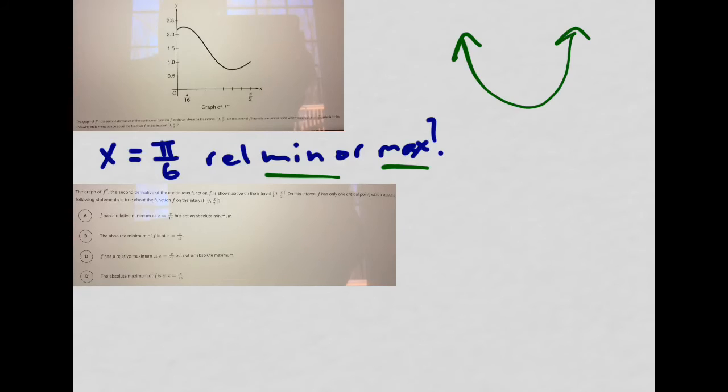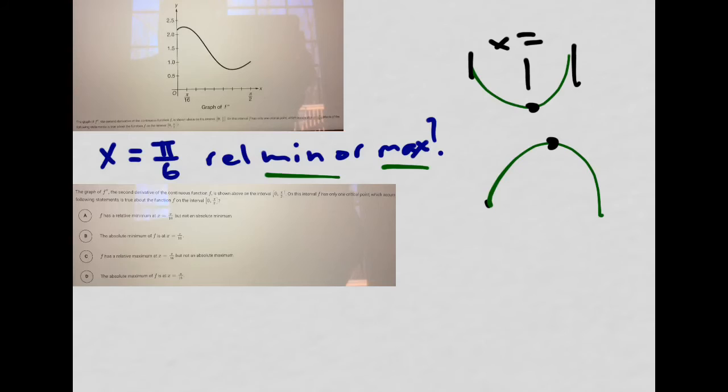So let's go through some basic curves. If you remember from my lesson, if it's on a closed interval, we have an absolute min at the one critical point that we have on our closed interval. Another basic curve, we have one absolute max at our critical point on a closed interval.